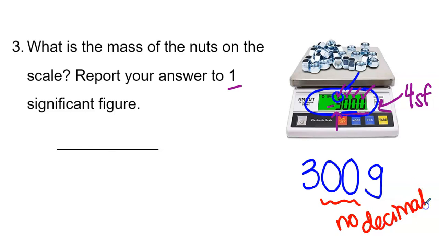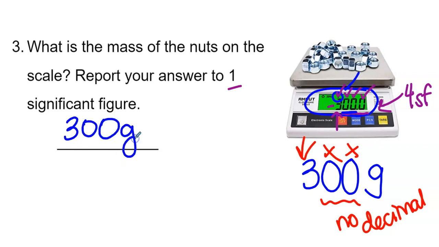So we only have one significant digit, the 3, which is what we are asked to do. So we're going to put 300 grams. And sometimes recording values to correct significant figures does take a little bit of thought and creativity. We just have to think through the rules and how we can report our value appropriately.